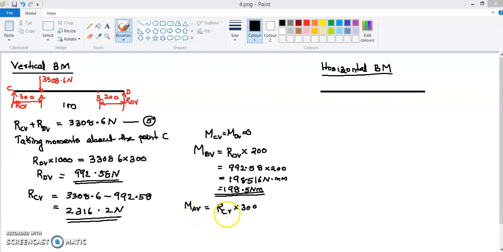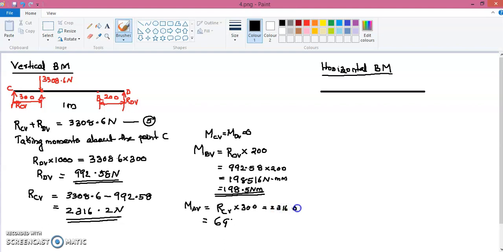So the equation is RCV into 300. That is this upward force, the reaction, into the distance between those 2 points, that is 300. So we can calculate that value by substituting that reaction, RCV, which we have as 2316.02, into 300.